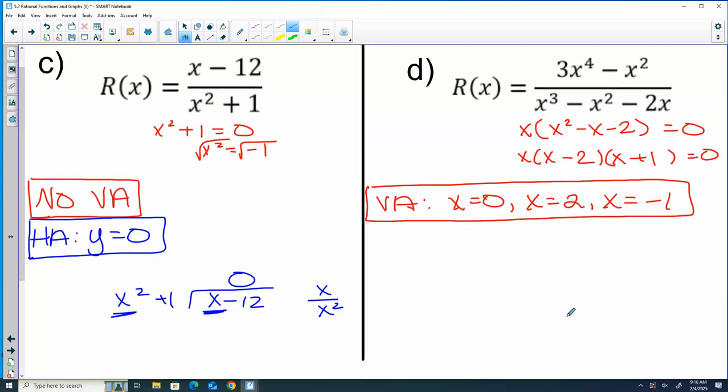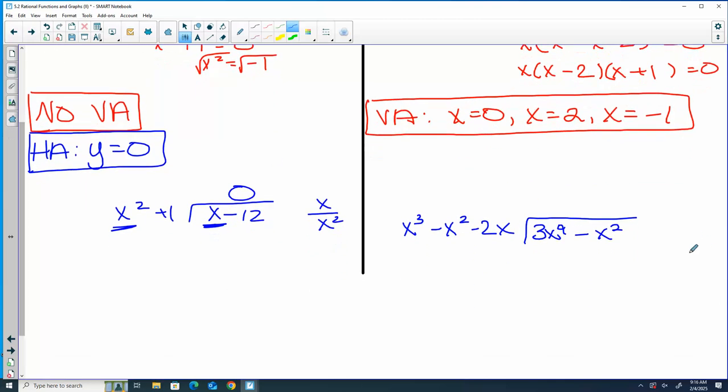Right, to find out horizontal or oblique, we divide. It's the top divided by the bottom. So when you divide this, you divide the first terms. What is 3x to the 4th divided by x cubed? 3x.